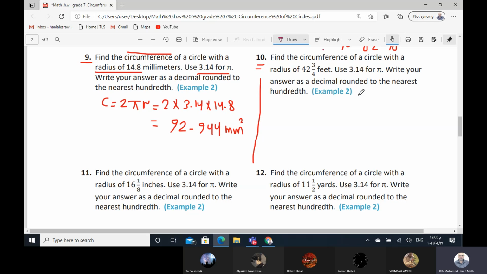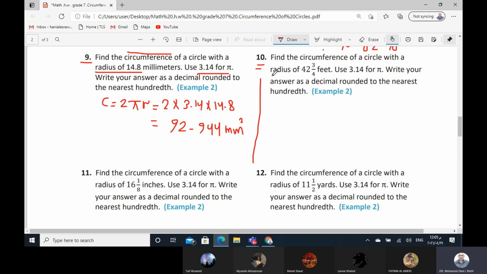Find the circumference of the circle with a radius of 42 and 3 over 4 feet. Use 3.14 for pi. Write your answer as a decimal rounded to the nearest hundredth. Thank you, Aliasia, thank you.